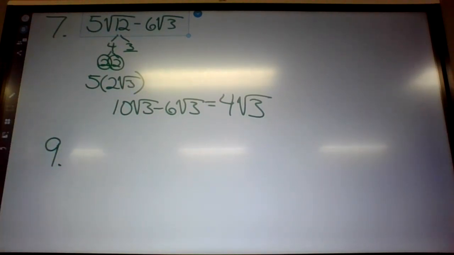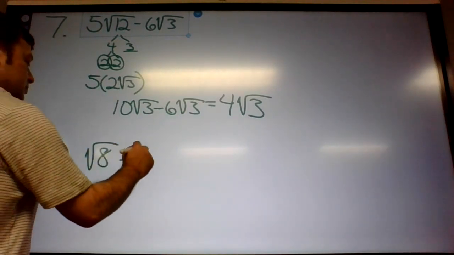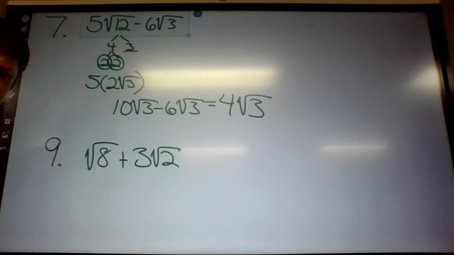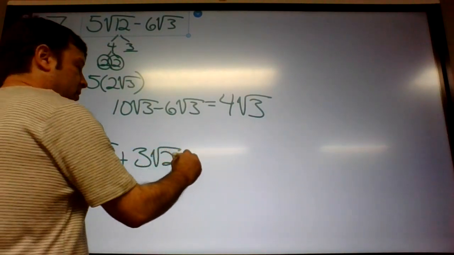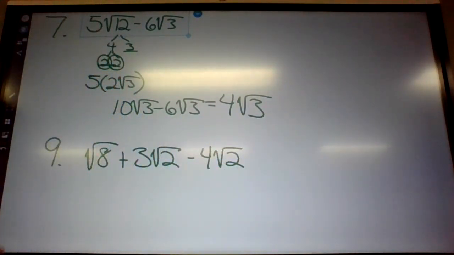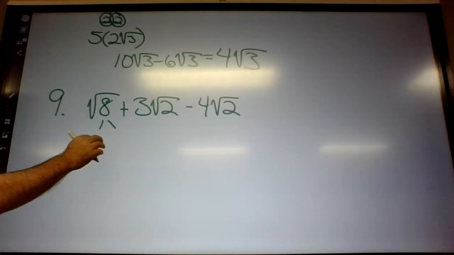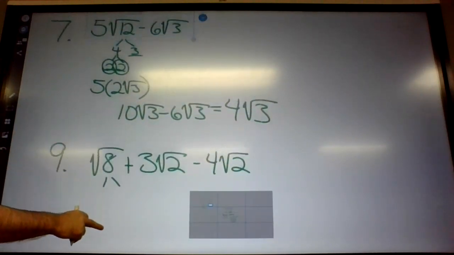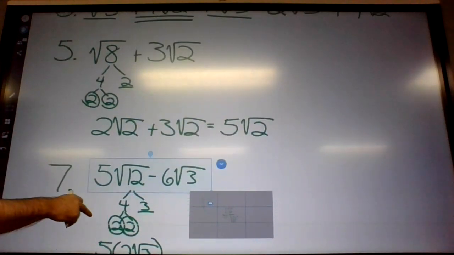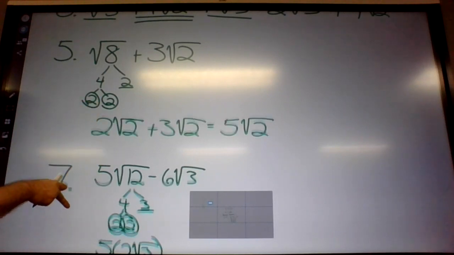Square root of 8. Okay, Hank, you see anything we can do here? The 8, you could simplify. Yeah, we actually did 8 like 3 minutes ago, so we can go up and steal our answer. 8 turns into 2 square root of 2 right there.